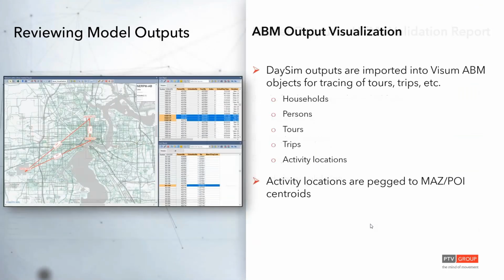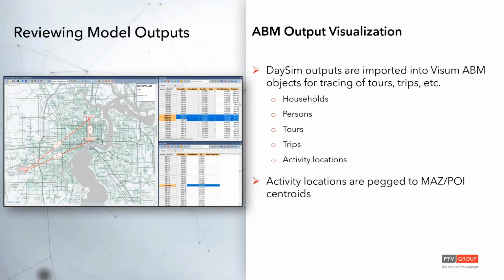All right, so let's keep going, and this is something unique to Visum, that there is a possibility to view ABM outputs in your version file itself.